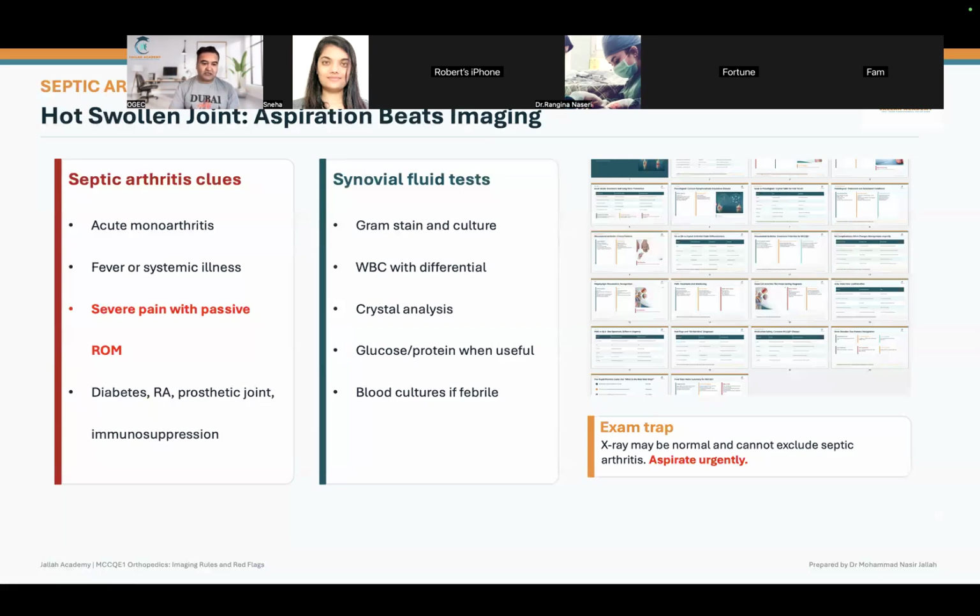Risk factors: diabetes, rheumatoid arthritis, prosthetic joints, immunosuppression. Synovial fluid test: obviously, if you're suspecting septic arthritis, you have to check the Gram stain, culture, WBC, crystals, glucose, protein, and blood culture as well. Exam trap: X-ray may be normal and cannot exclude septic arthritis.